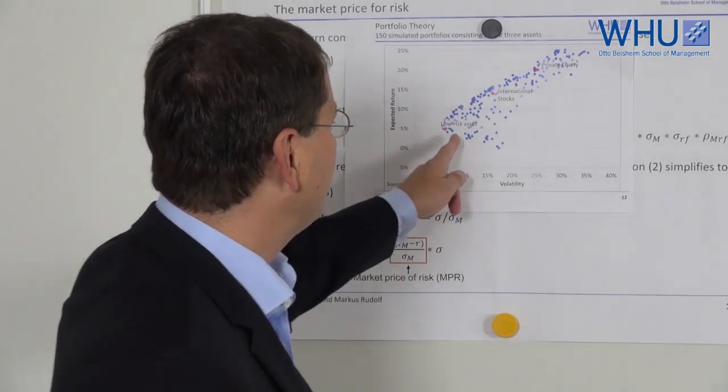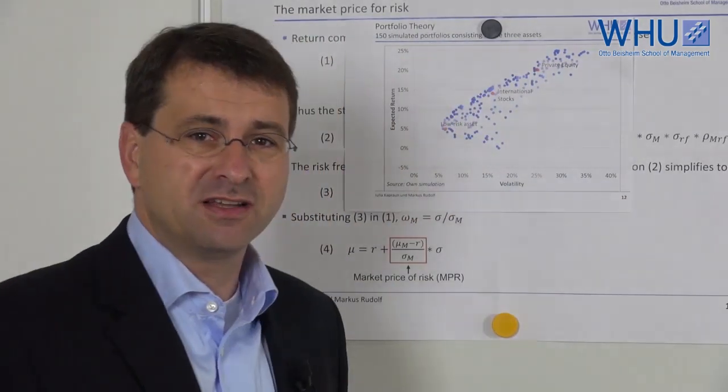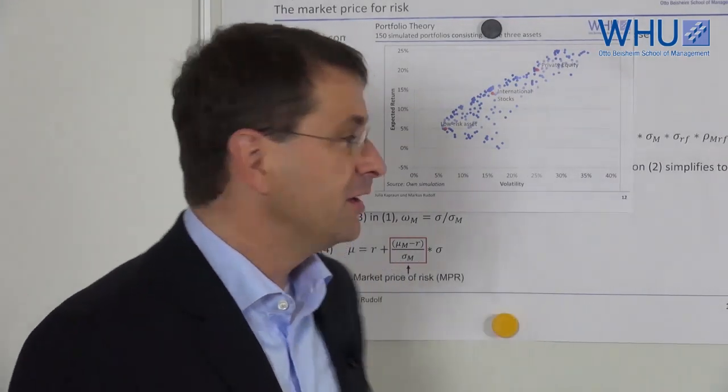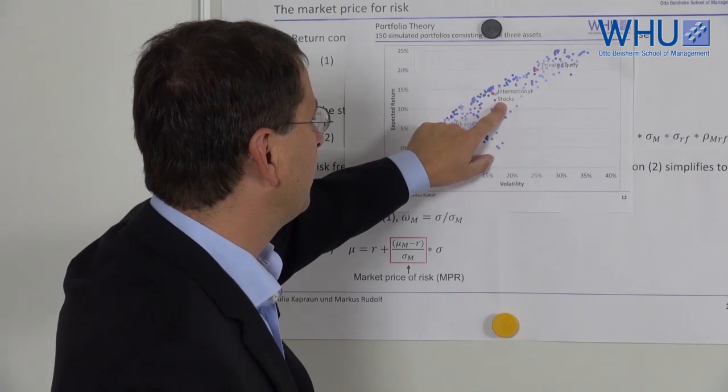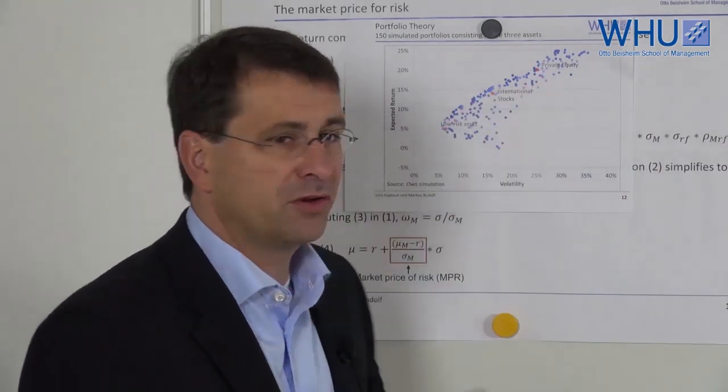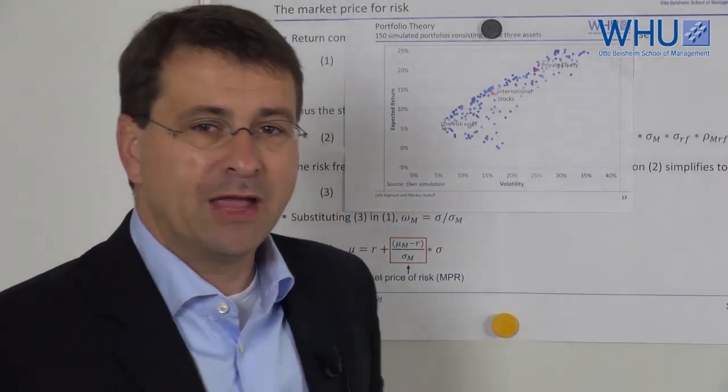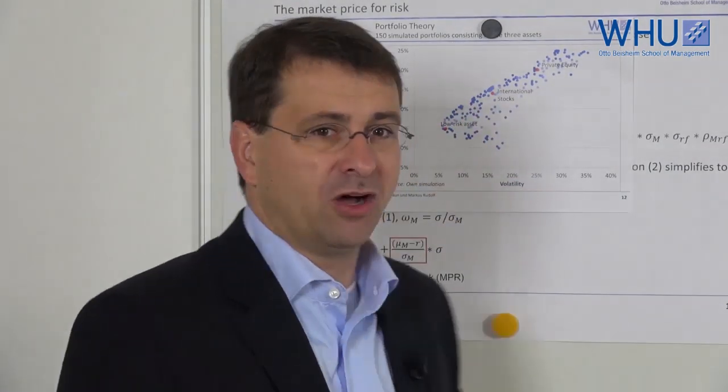What you see here on the left-hand side is a simulation of a three-asset portfolio. We have three assets here. One is called the low-risk asset, the other one is the international stock portfolio, and the third one is a private equity portfolio. And what you see here are blue dots.